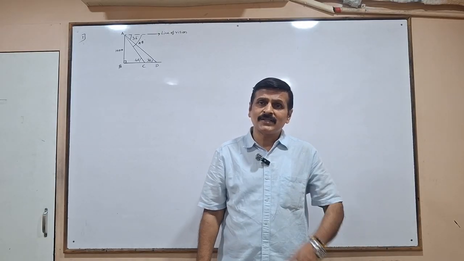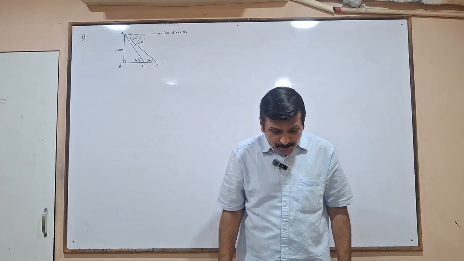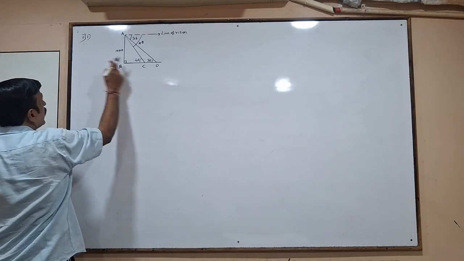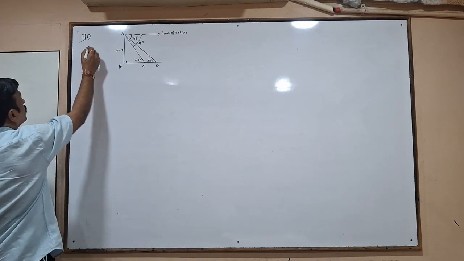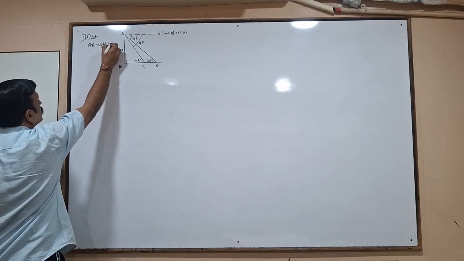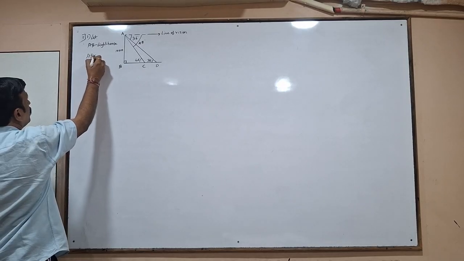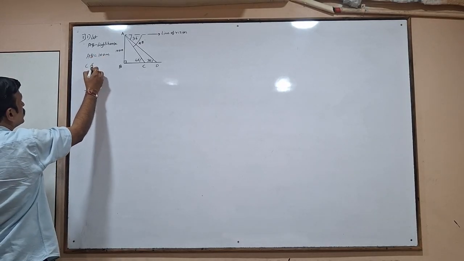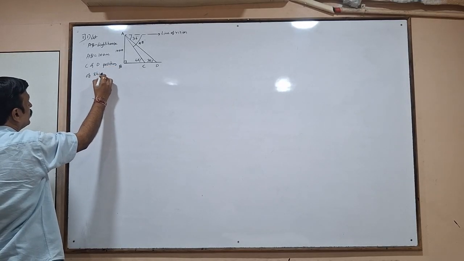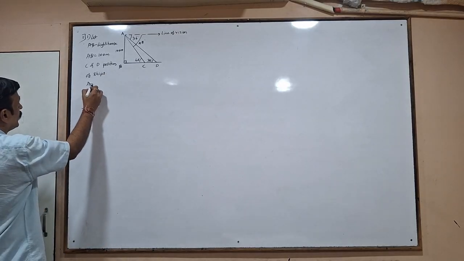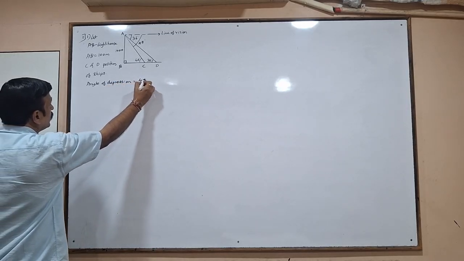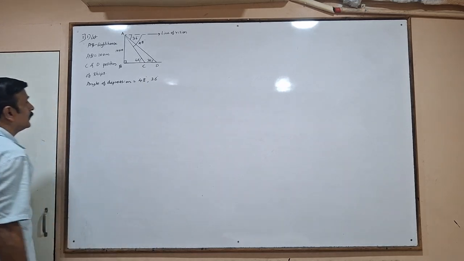There are two conditions. I am going to consider the first one: the ships are on the same side of the lighthouse. So let AB be the lighthouse, AB is 100 meter, C and D are the positions of the ships, angles of depression 48 degree and 36 degree.